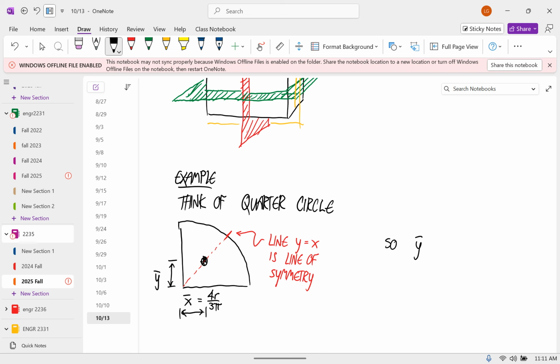And so if you know x bar, you know y bar has to equal that. So it's also 4r over 3 pi.